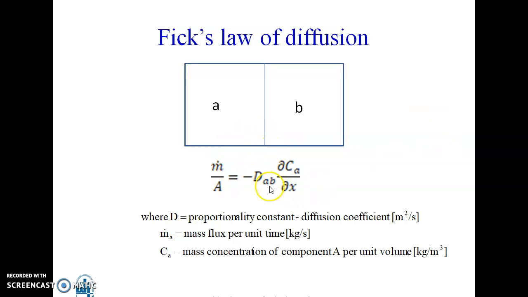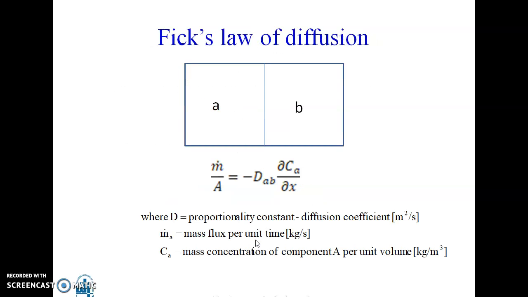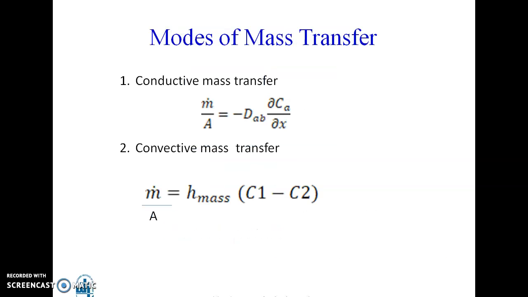This DAB is the proportionality constant, also called the diffusion coefficient, with unit meter square per second. M A is the mass flow of the gas per unit time, that is kg per second, and this is the concentration of component A per unit volume, so kilogram of gas A in 1 meter cube. This is Fick's law of diffusion, which is used to study mass transfer.